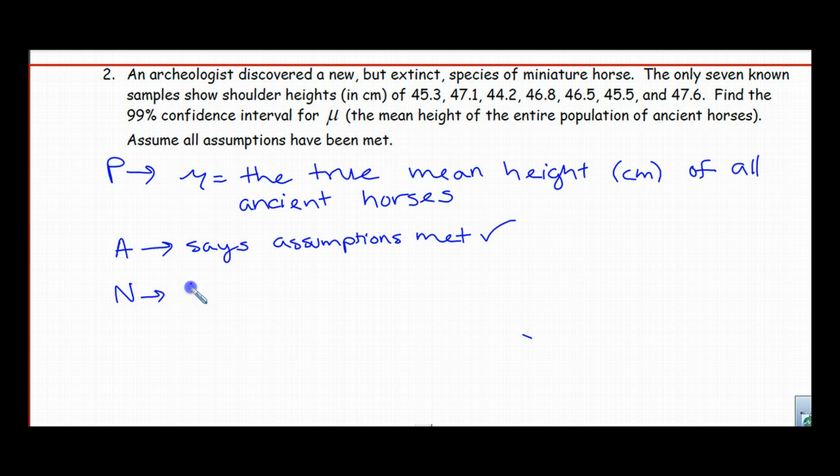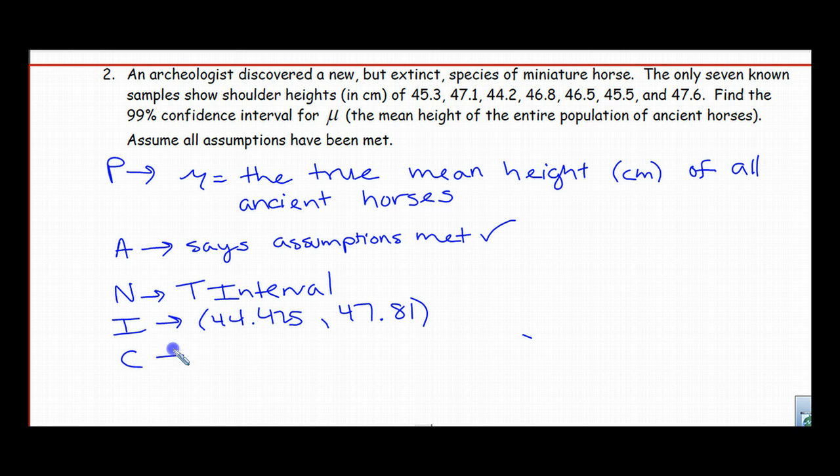Our N, we had gone to t interval on our calculator. The actual interval was 44.475 to 47.81. And our conclusion is going to look very similar to what we did when we did proportions.